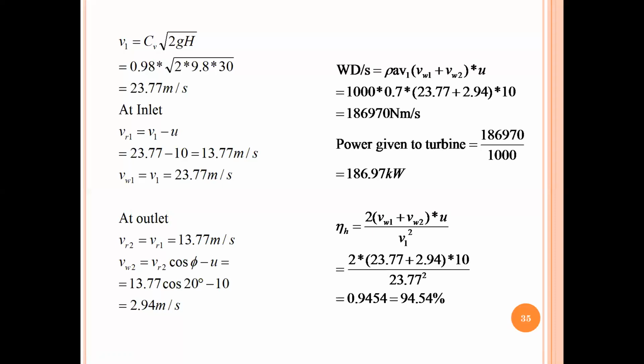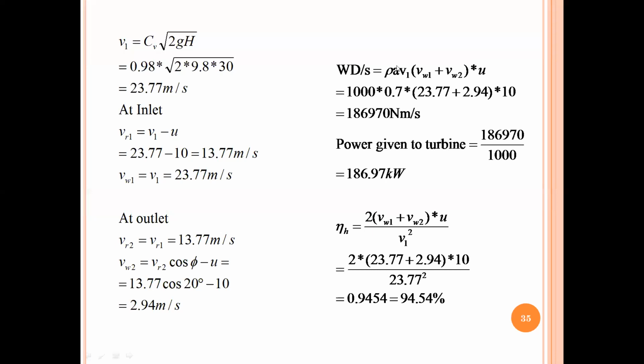We get the value as 1,86,970 Newton meter per second. The units are important. Now, if I divide this work done per second by 1000, I'll be getting the power given to the runner or to the turbine, which is equal to 186.97 kilowatts.